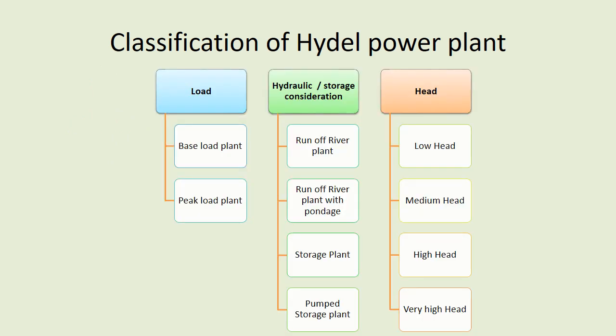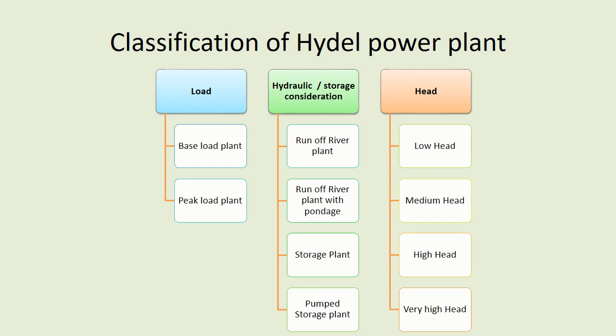So the next classification is on hydraulics or storage. This is one of the important classifications, as you might be hearing right now about floods coming to villages, like the Assam floods and Bihar floods. The majority of floods come because of building a dam.